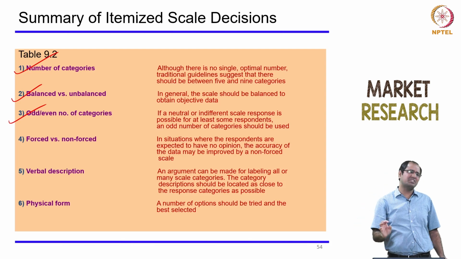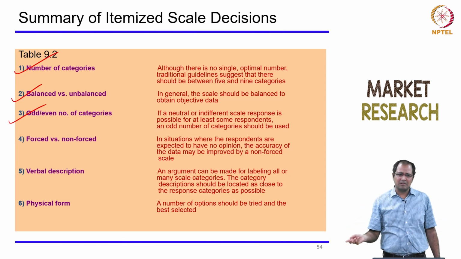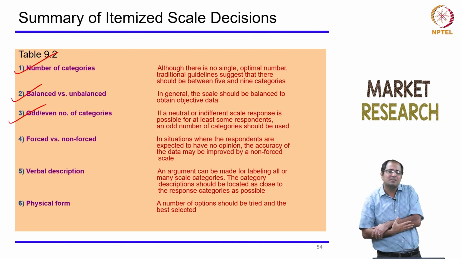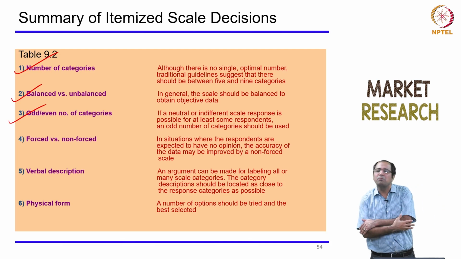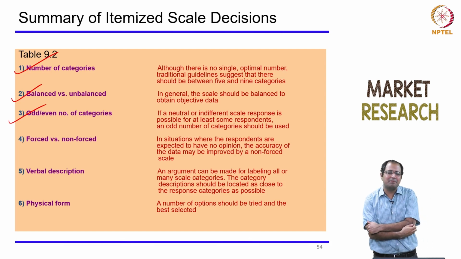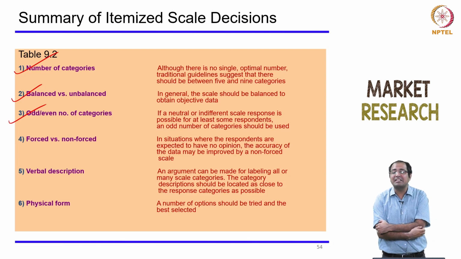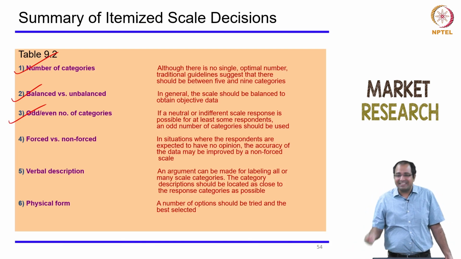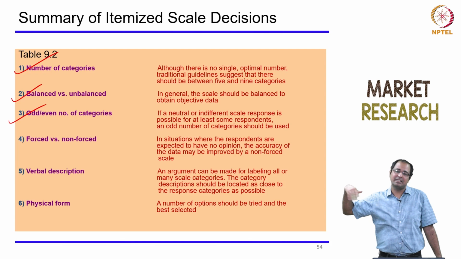If you say neutral, sometimes even those who do not want to express an opinion would say neutral. So there are certain problems. Make sure that you are asking these questions from people who are aware of that particular subject. Because if they are not aware, they do not know, and then still they mark something, it becomes a problem.